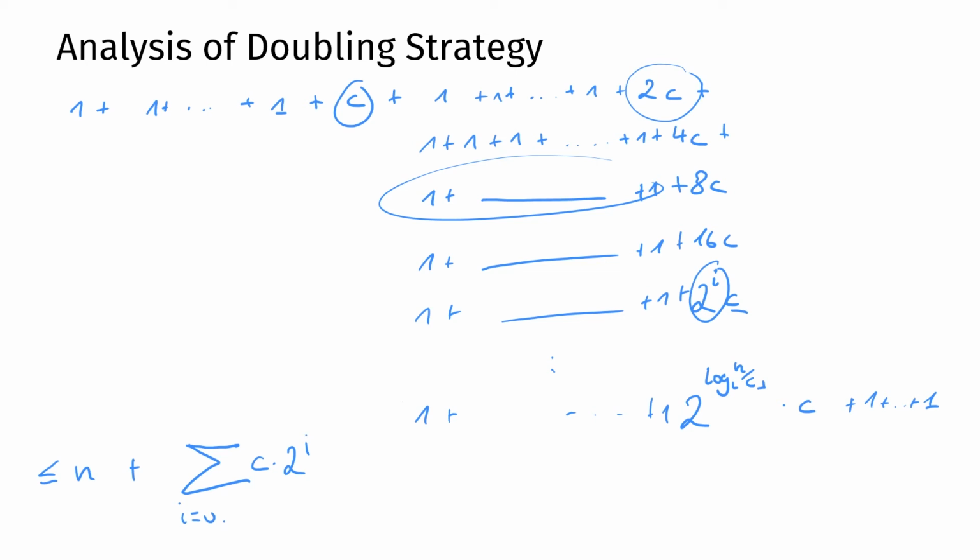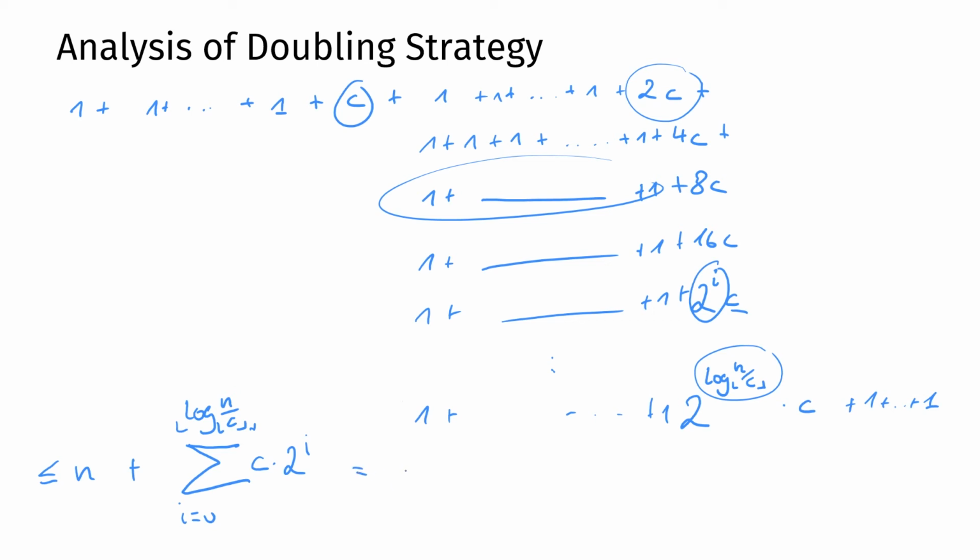So i goes from 0 up to log of n divided by c, rounded down. And how do we continue here? We again take the c outside.